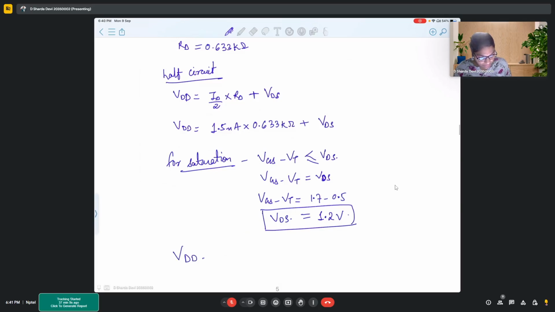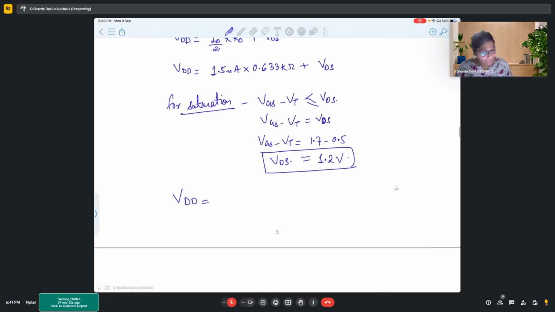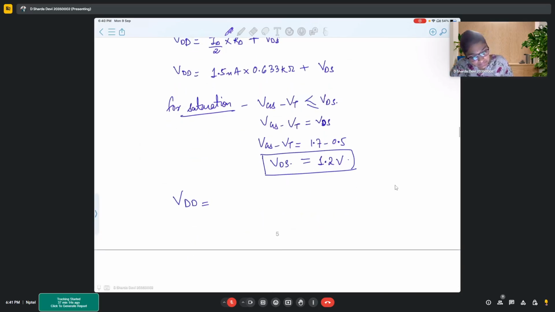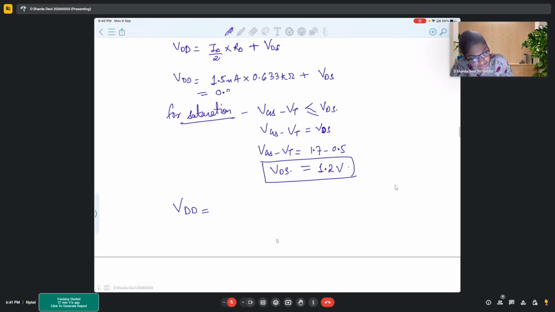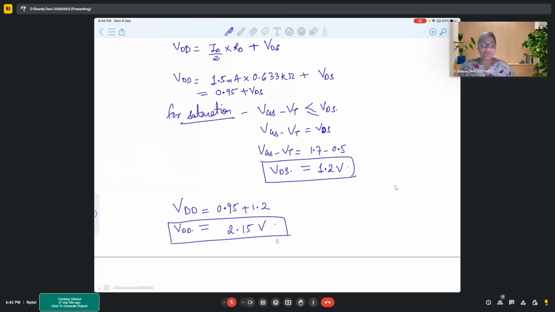So the limiting VDD will be 0.95 plus VDS, so 0.95 plus 1.2, that is 2.15 volts. The minimum VDD that you would require to keep your circuit in saturation is 2.15 volts.